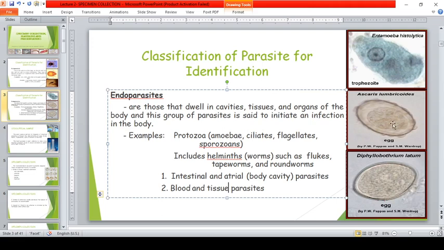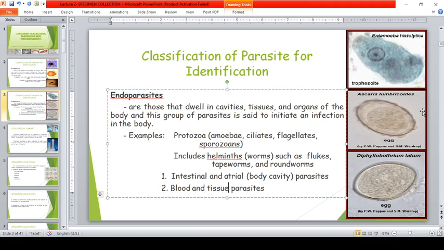Take note guys that we also have the unholy trinity in parasitology. When we say unholy trinity, we refer to HAT. Those are the parasites referred to as the unholy trinity parasites. H for hookworm, A for Ascaris lumbricoides, and T for Trichuris trichiura.